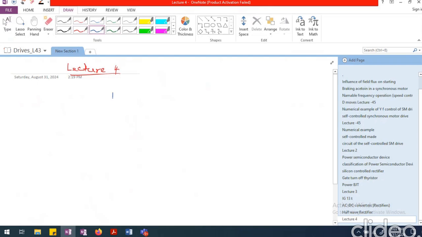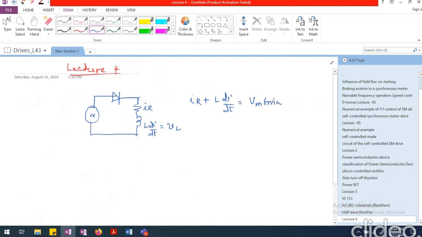If we say this is the diode, this is the resistance and this is the inductance, I may call IR the voltage drop, and L di by dt the voltage drop across the inductance. Here is my sinusoidal voltage. We wrote the equation as IR plus L di by dt equal to Vm sin omega t.